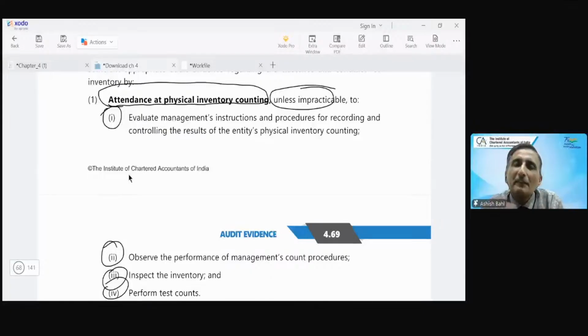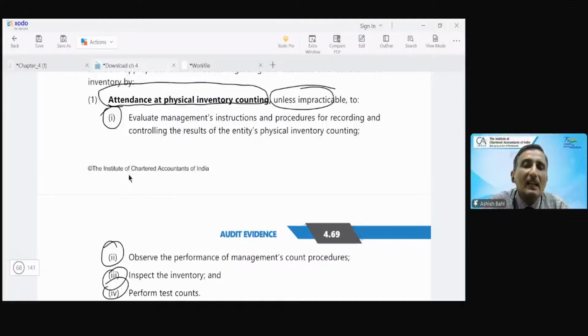The auditor is a spectator to it, but he is not a mute spectator. He would be making interventions as and when required, but he is basically observing the process being carried out by the personnel of the management. So first he has to assess what sort of instructions have been given by the management, whether these are proper or not. If the instructions themselves are not proper, then how would he ensure that the counting being performed is satisfactory or not? This is the first step.